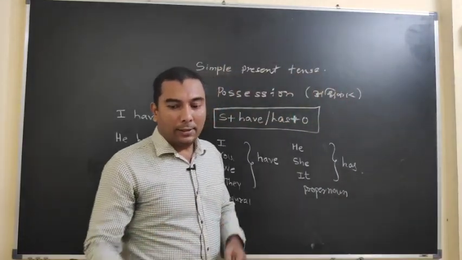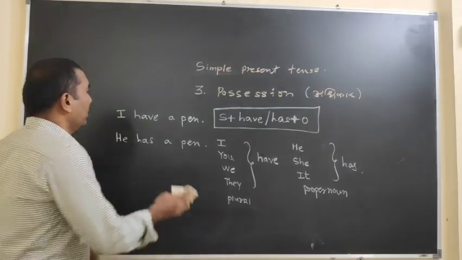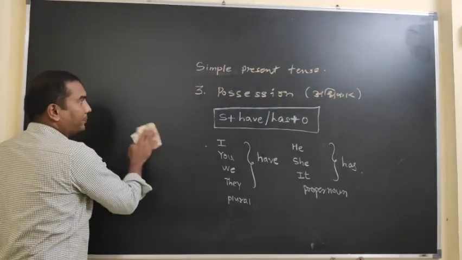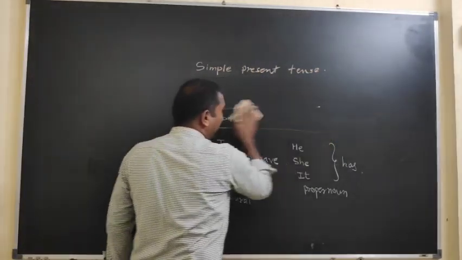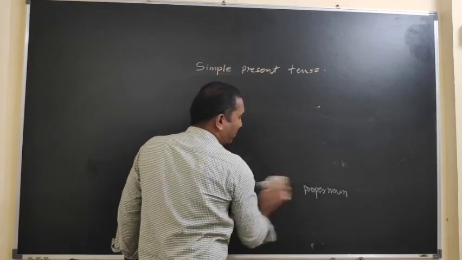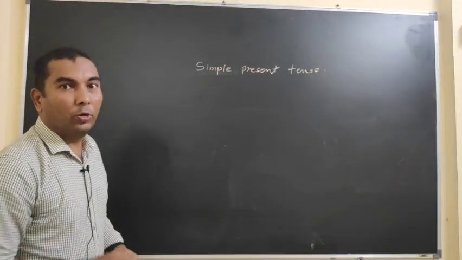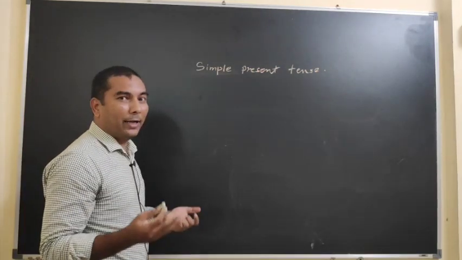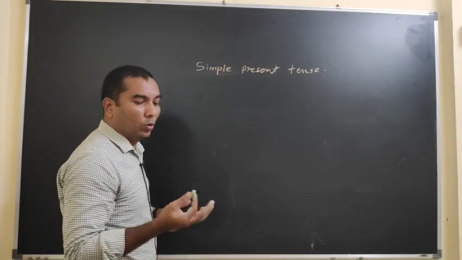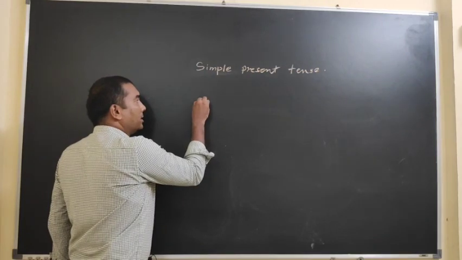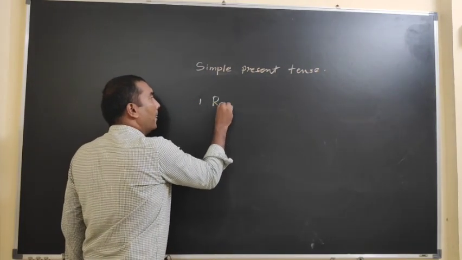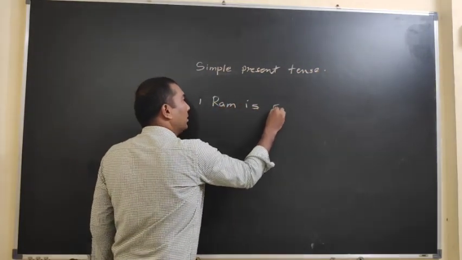I will just describe that now in a very simple way with the help of three examples. I will describe the difference to you, and then you can understand what we have learned in two days. First example: Ram is a student.